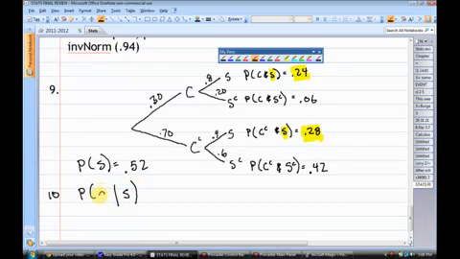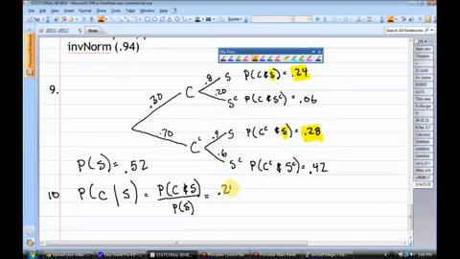We want to know what's the probability that they're also taking calculus. So that's the probability of taking calculus given that they take a science course, divided by the probability of taking a science course.